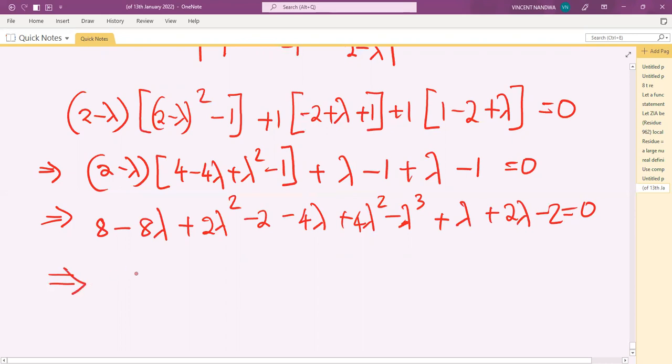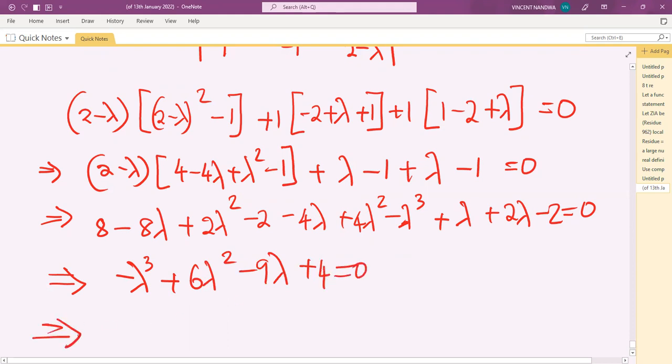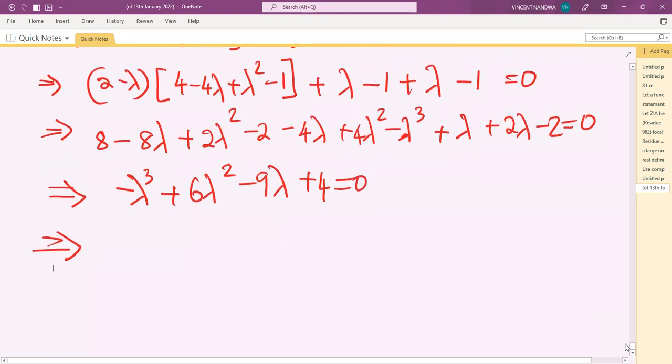Now collecting like terms, we get minus lambda cubed plus 6 lambda squared minus 9 lambda plus 4 equals 0. Now you can divide through by minus 1 to get lambda cubed minus 6 lambda squared plus 9 lambda minus 4 equals 0.